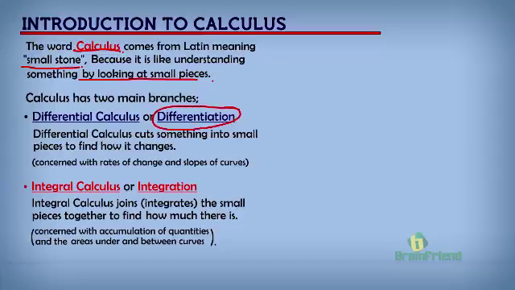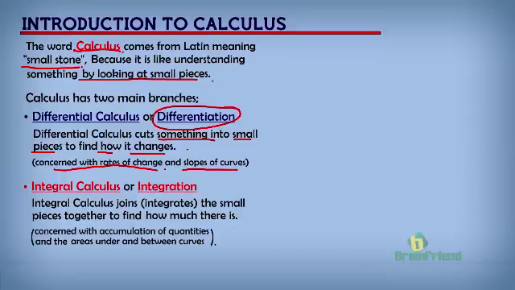And that is what we'll be studying today. Differential calculus or differentiation cuts something into small bits and pieces in order to find out how much it changes over time. It is concerned with rates of change and the slopes of curves.